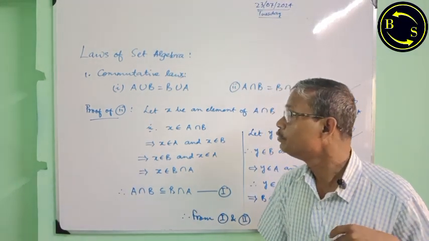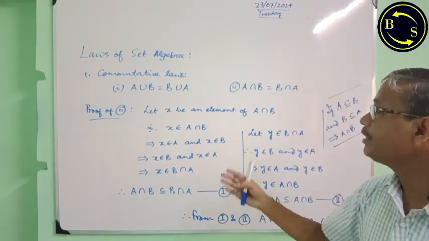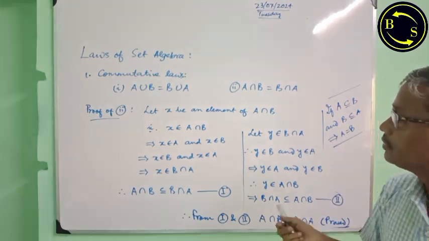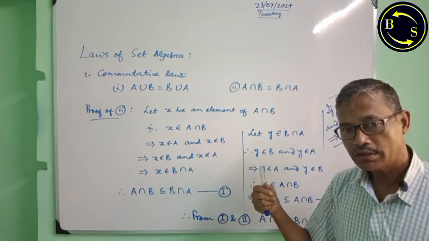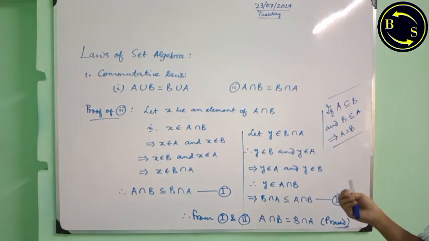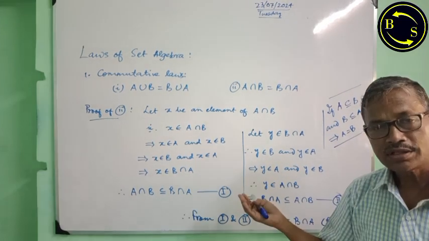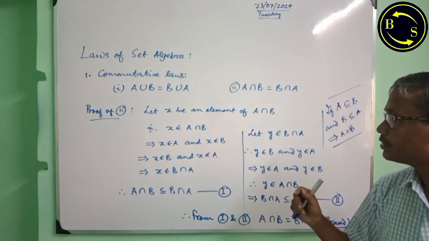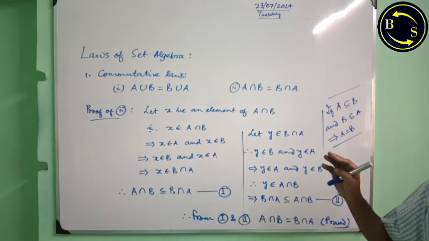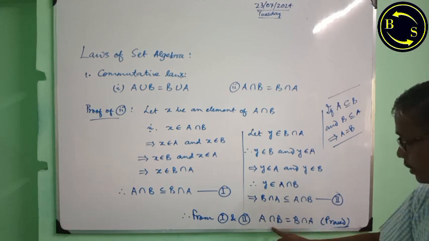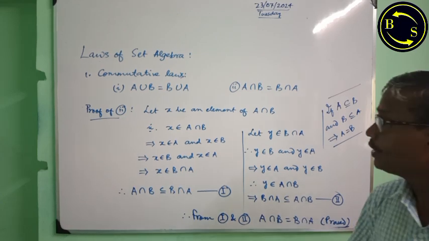To prove, you must take an element on the left set and show that it is also member of the right set, and in the second stage you take an element of the right set and show that that is an element of the first set. From these two we conclude A intersection B equal to B intersection A.